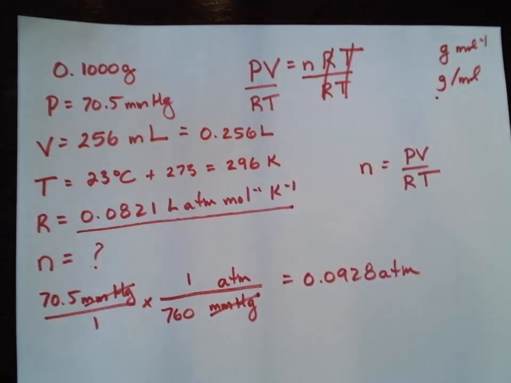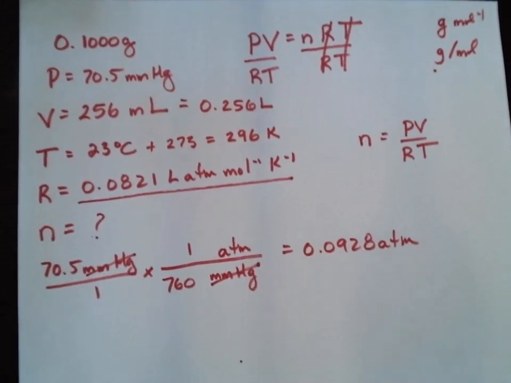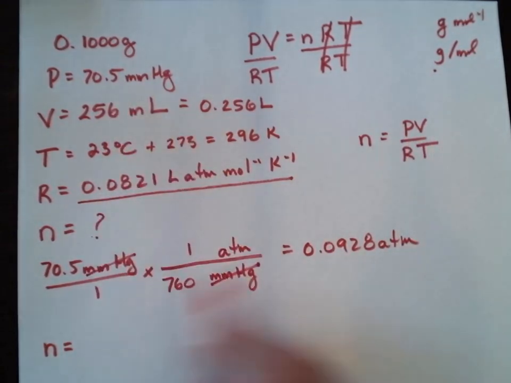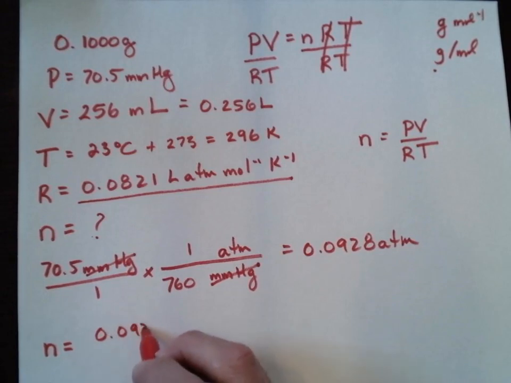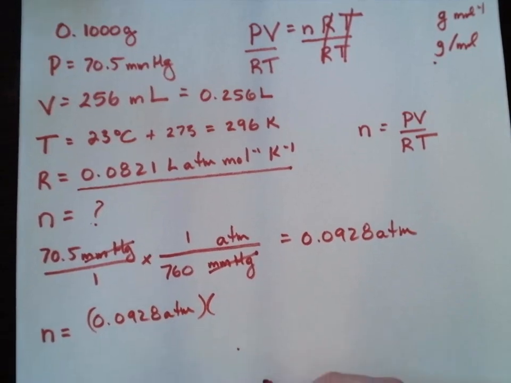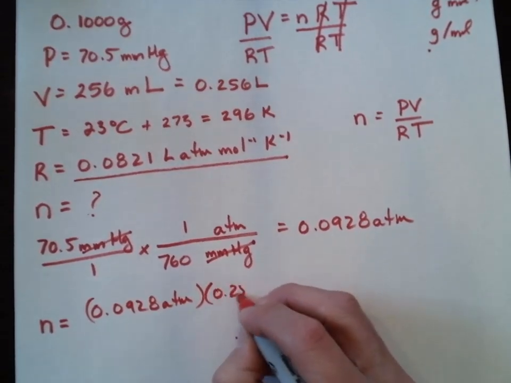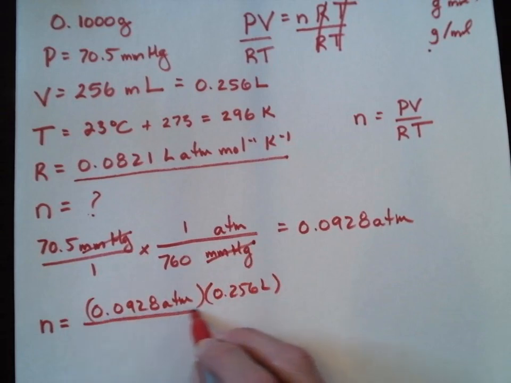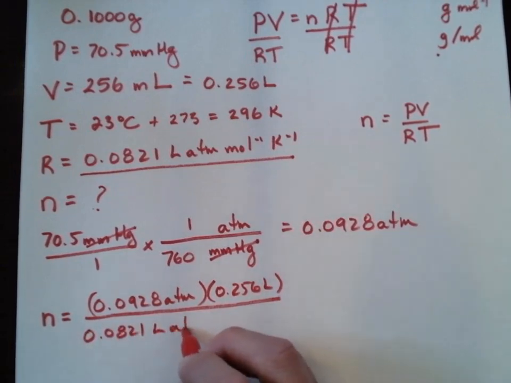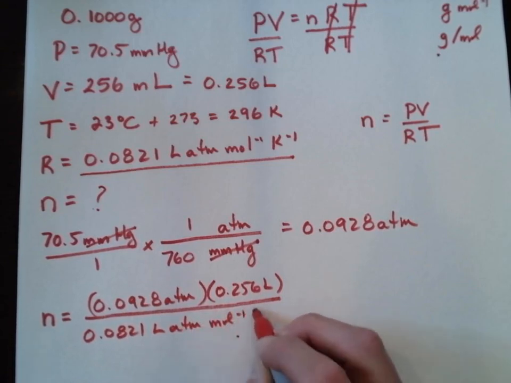Okay, now we're ready to plug everything in. So let's do this. The number of moles is going to be PV over RT, where pressure is 0.0928 atmospheres. Our volume is going to be 0.256 liters. We'll divide that by 0.0821, or R, liter atmosphere for every mole, for every Kelvin.